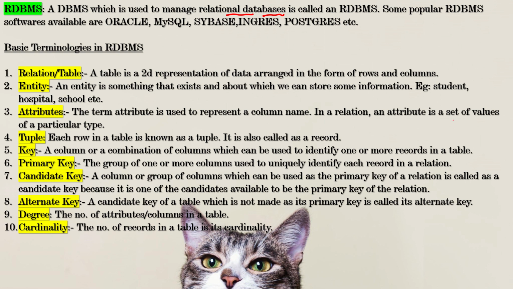Okay, we will be learning completely about an RDBMS software here. So they have given some popular RDBMS softwares available: Oracle, MySQL, Sybase, and all these. Hereafter we will be looking completely at MySQL.